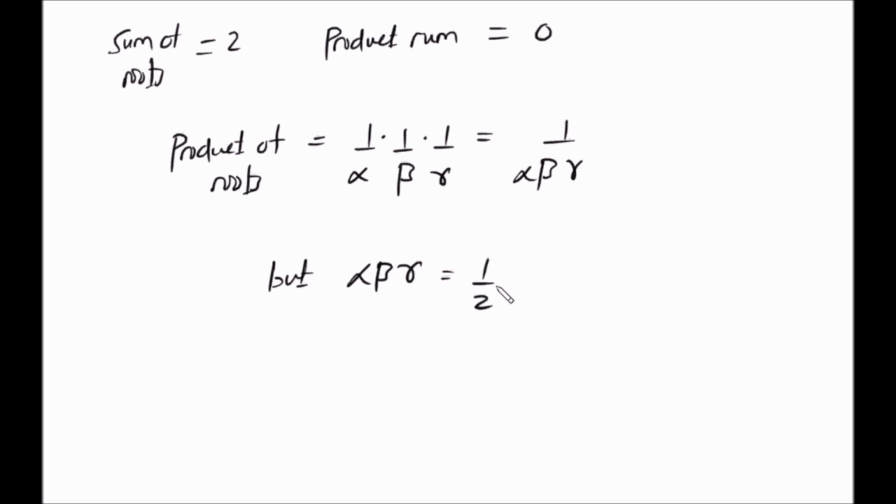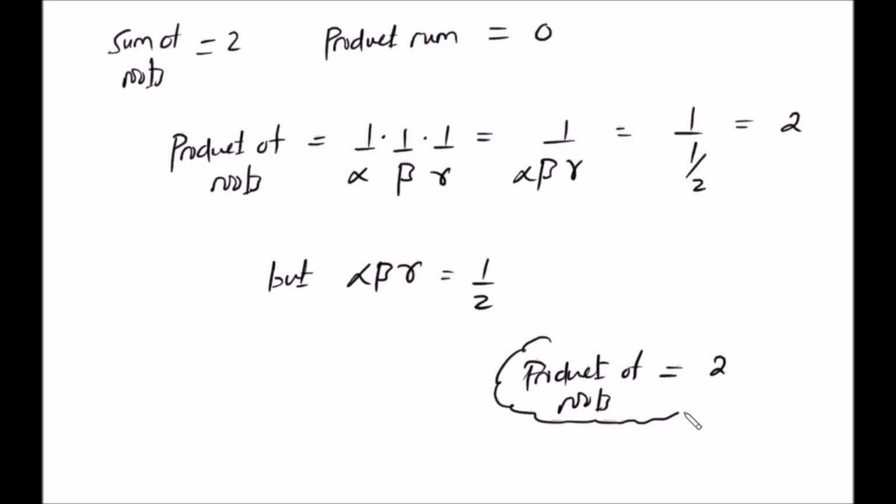Ni 1/2. Kwa hiyo itakuwa sawa na 1/1/2. Ambayo sawa na nini? Na 2. Kwa hiyo product of roots yenyewe ni nini? 2. Sasa tumepata zote. Tuna product of roots, tuna product sum of each of the two roots, na tuna sum of roots.